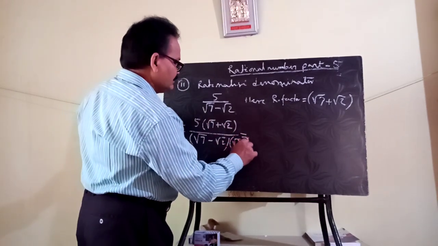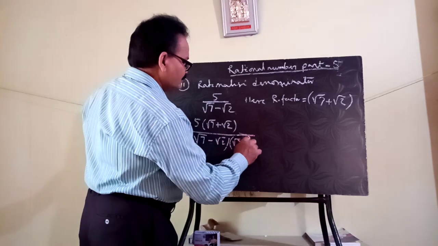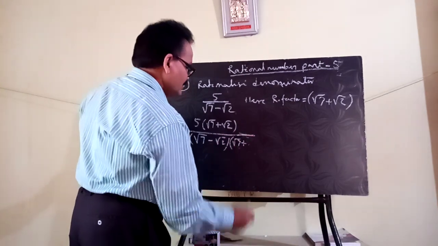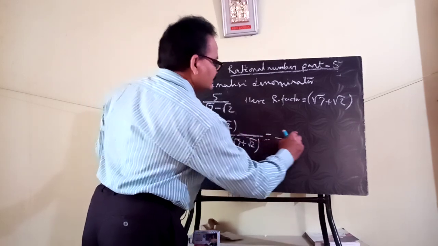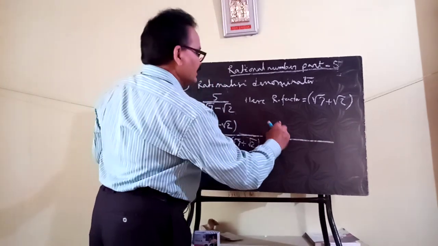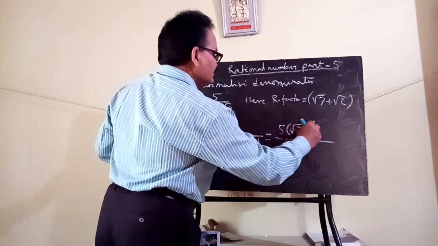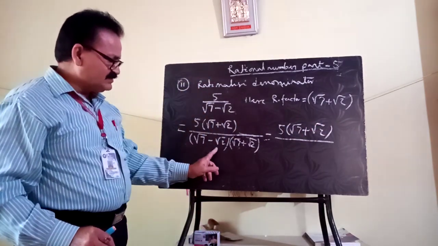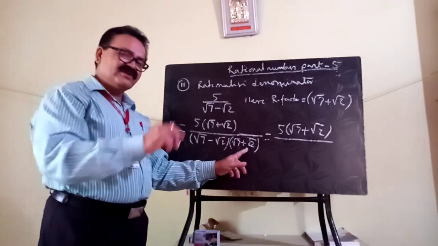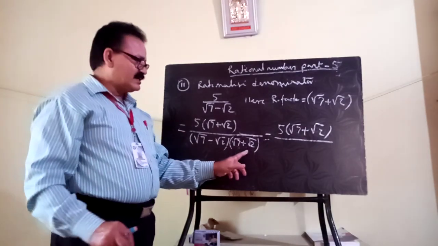Into root 7 plus root 2, root 7 plus root 2. What will be the answer? Again here 5 into root 7 plus root 2. Here you see a minus b into a plus b. Then again you have to use the rules of factorization.